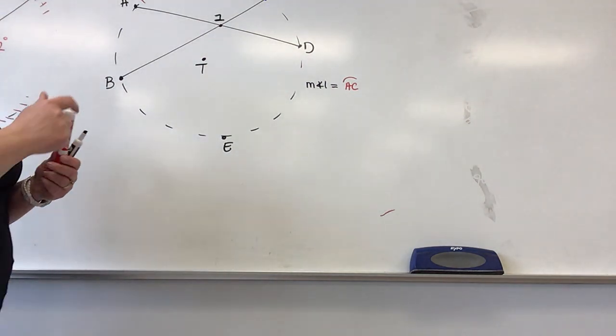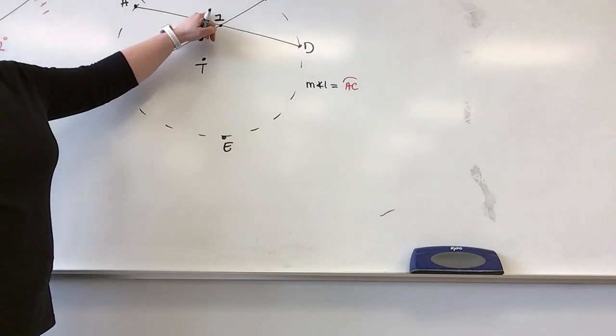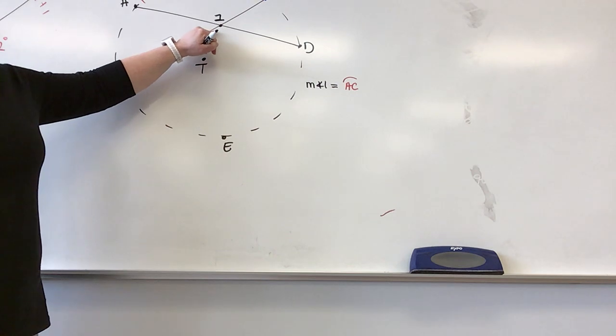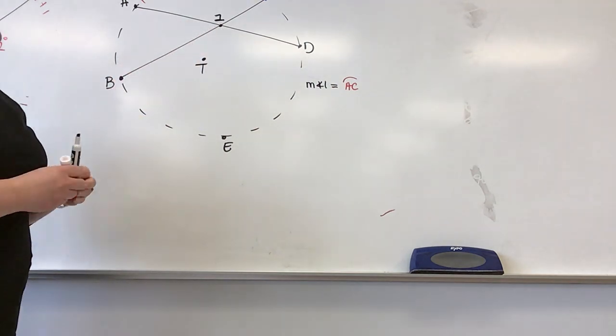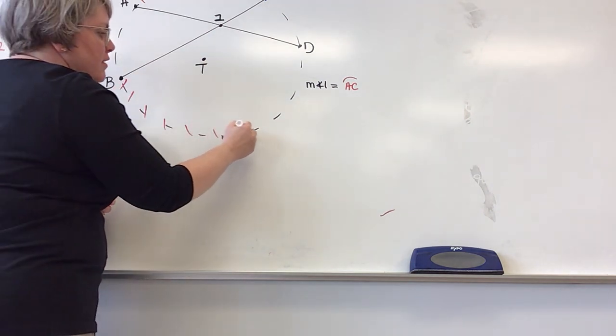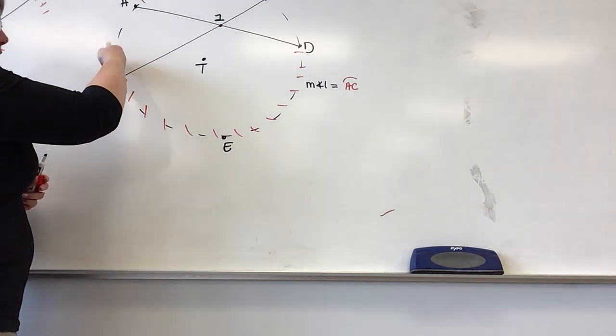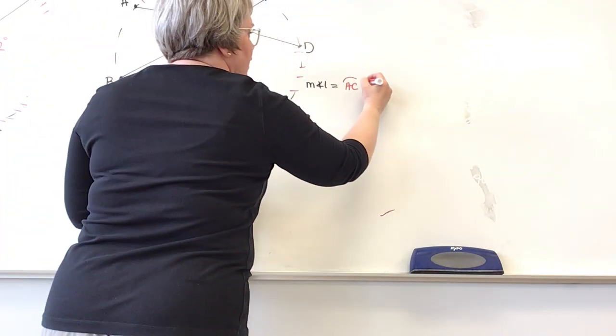Then his vertical partner would be underneath him. Do you agree that angle 1 and the one underneath would be congruent because they're vertical? The vertical partner's arc would be all of this. Do you agree there? And so that would be arc BED.